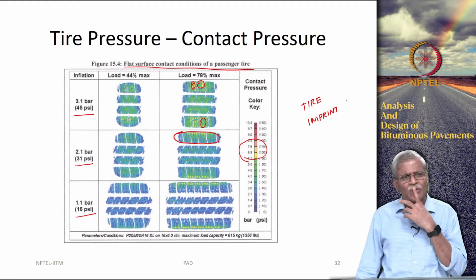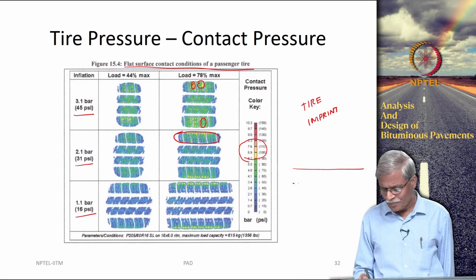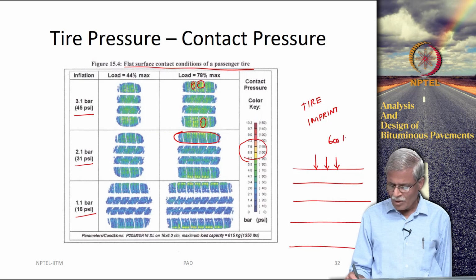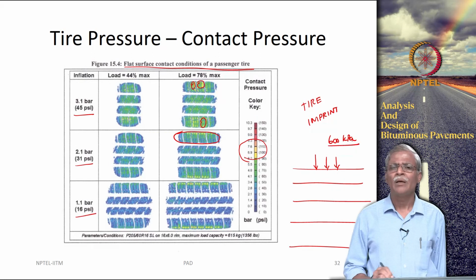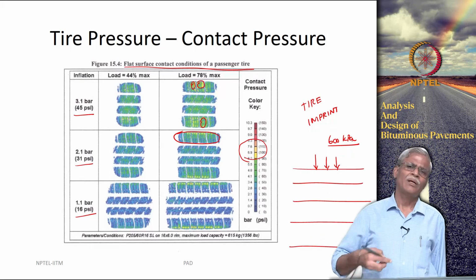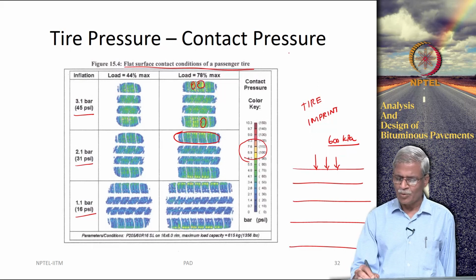Now, if I go back to my previous discussion, let us say these are your pavement cross sections, and I mentioned something about 600 kilopascal. Immediately you are going to ask me, okay, but what is the shape of the tire contact area, because you only drew something like this. So, we need to solve this problem in real life.